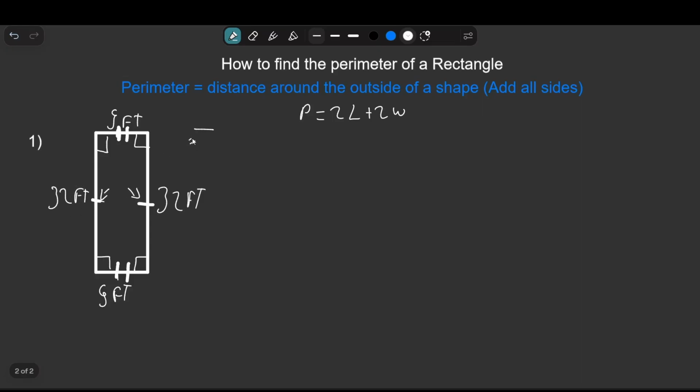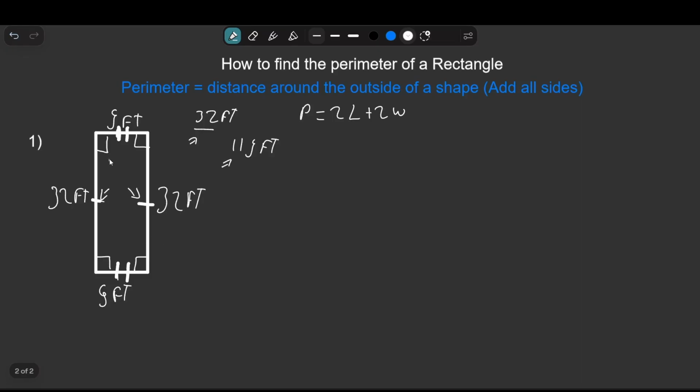So this one equals 32 feet for this rectangle. I also put some on the 9 feet sides. Here you can see two tick marks, and over here there are also two tick marks. So this one will be 9 feet for this rectangle.